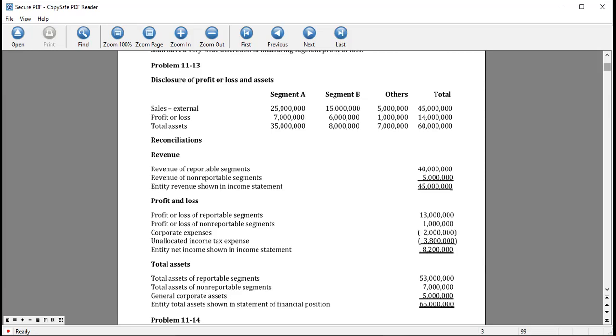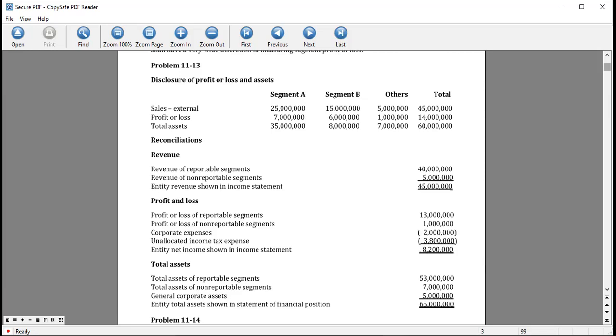Now, for the reconciliations, revenue of reportable segments. The revenue of reportable segments is 40 million and the revenue of non-reportable segments of 5 million. So we are now given the total assets of 65 million include general corporate assets of 5 million. Total segment expenses of 33 million include general corporate expenses of 2 million.